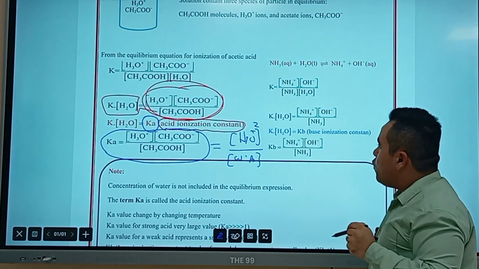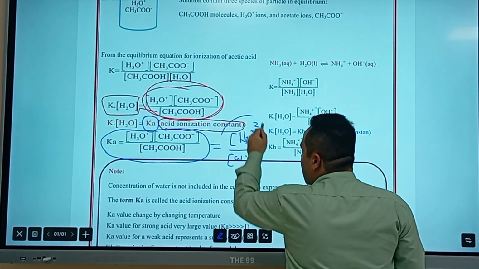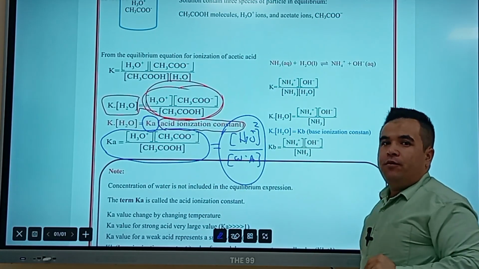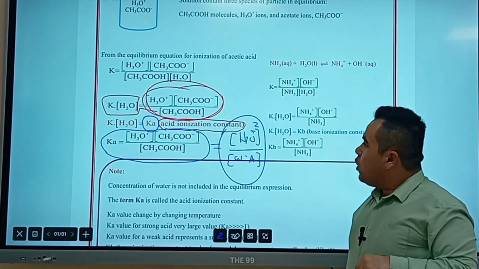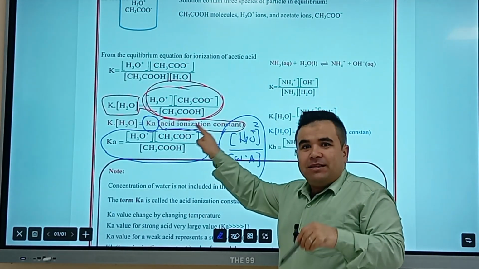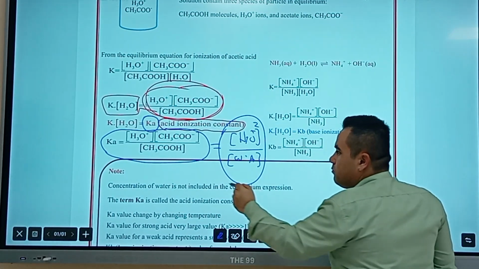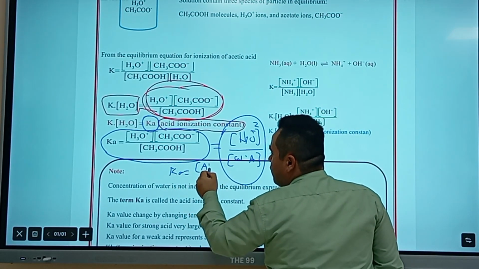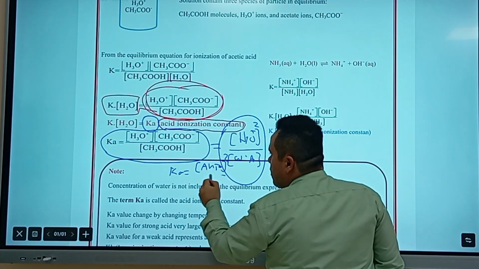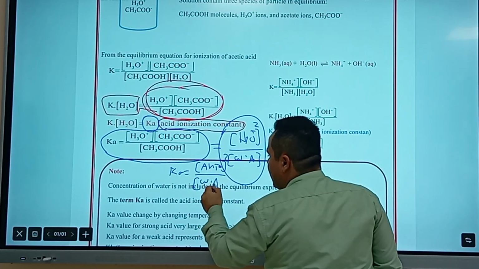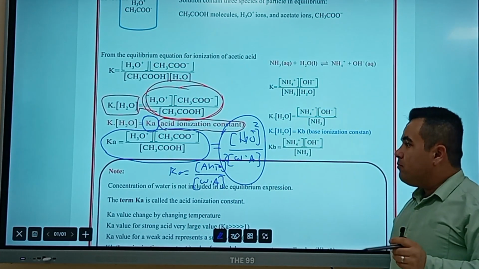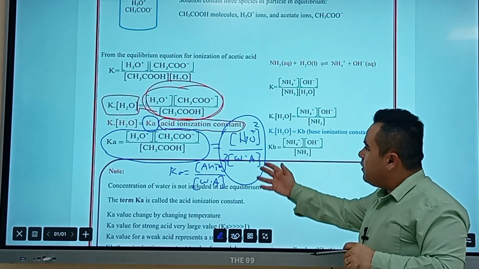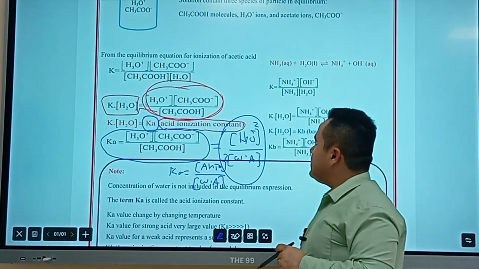This can be written as well as hydronium squared over the concentration of the weak acid, or acetate, the anion, squared. Ka equals the anion squared over the concentration of the weak acid. It can be represented in all these forms.